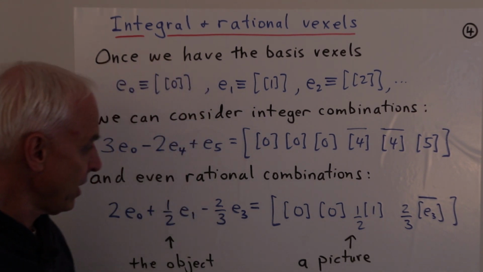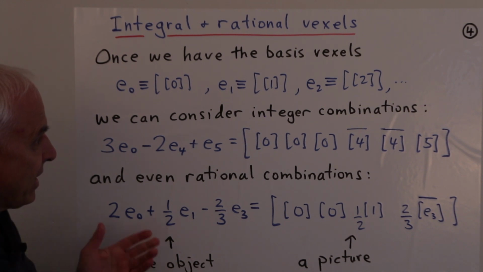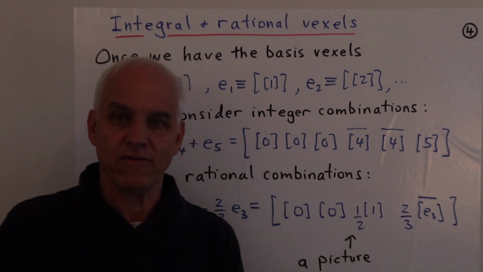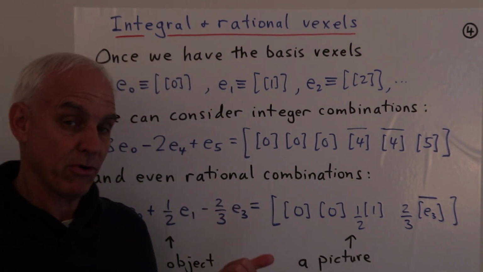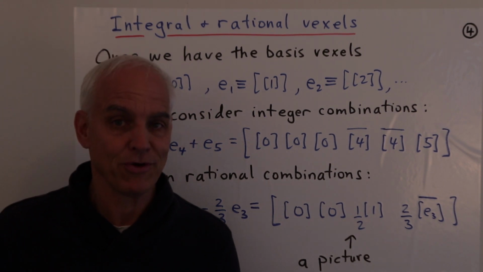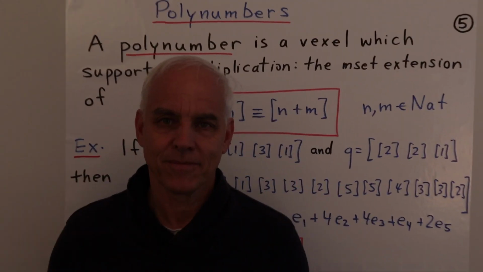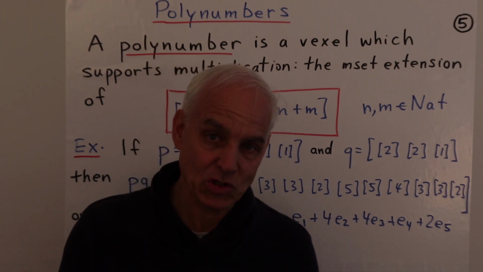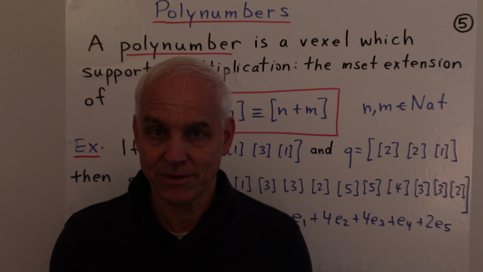Okay. So we can have a reasonably flexible algebraic framework of vexels with natural number coefficients, or maybe integer coefficients, or if we want, even rational number coefficients. Now, there's a lot more that we could say about vexels because they're very important in linear algebra and in geometry.